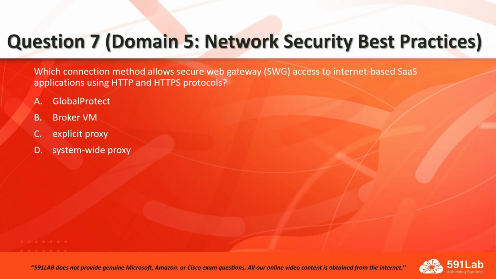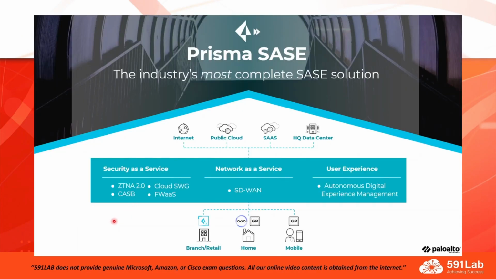To answer this question, let me show you in the next slide. As previously mentioned, for the capability of the SASE solution for security as a service, we have the Cloud Secure Web Gateway or the Cloud SWG. The Cloud SWG is basically the ability of the SASE solution to provide an explicit proxy.